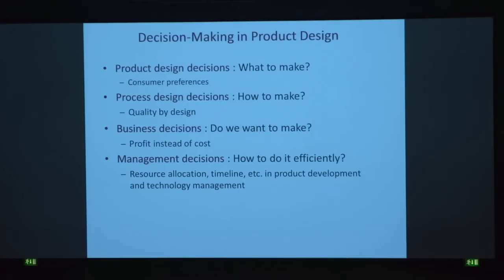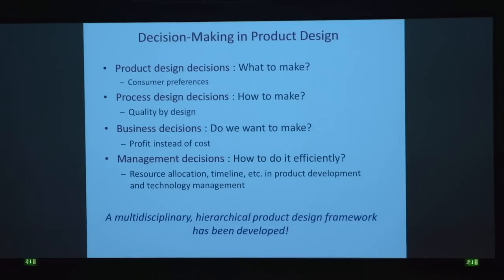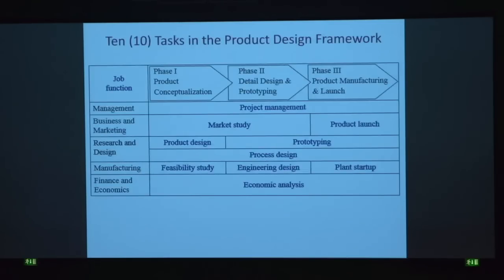Now, in order to make decisions for all these 4 points, we propose a multidisciplinary hierarchical framework for executing this decision making. There are 10 tasks in the framework. They are market study, project management, feasibility study, in addition to product design itself and economic analysis.